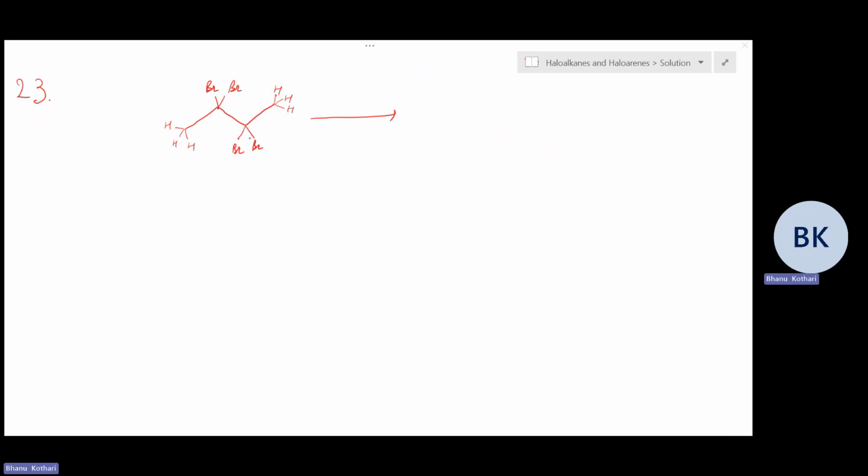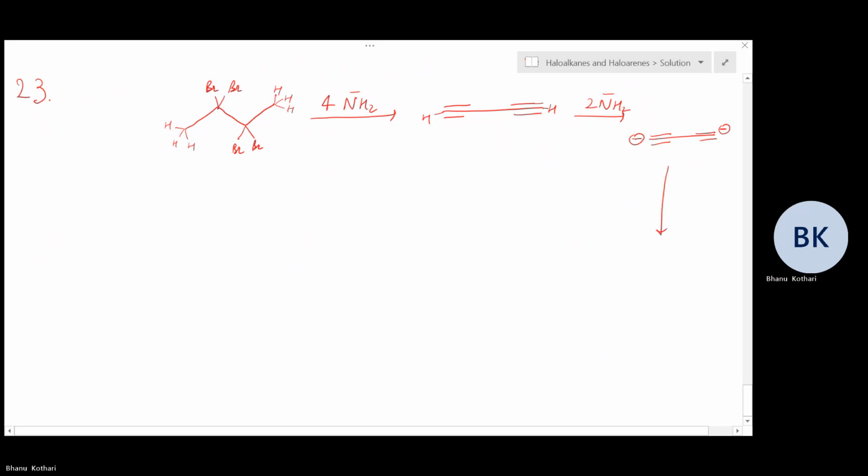So two HBr will be eliminated from here, two HBr from here, and finally we have 4 moles NH2 minus. We'll have this product, which will be buta-1,3-diene. And finally there are two acidic hydrogens present on this carbon and on this carbon, right? They will need 2 moles of NH2 minus further. So we'll get this particular dicarbanion.